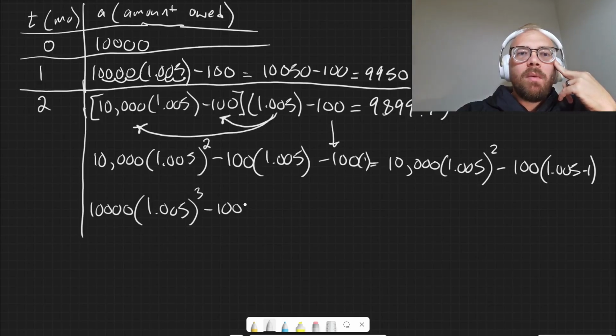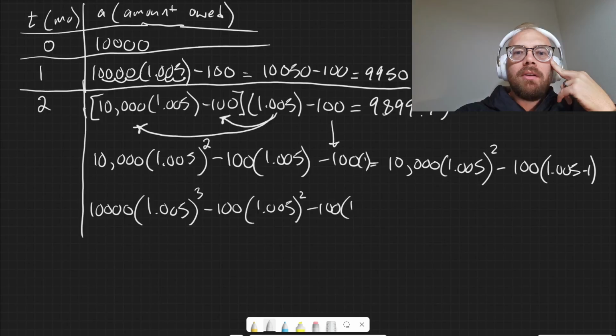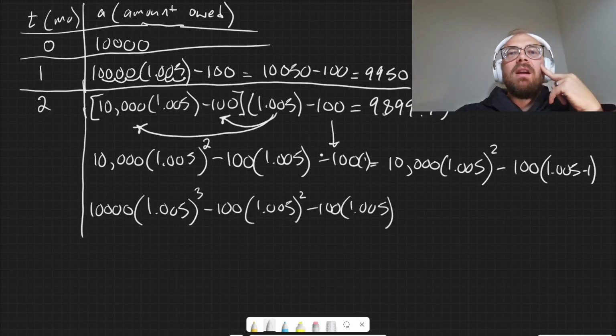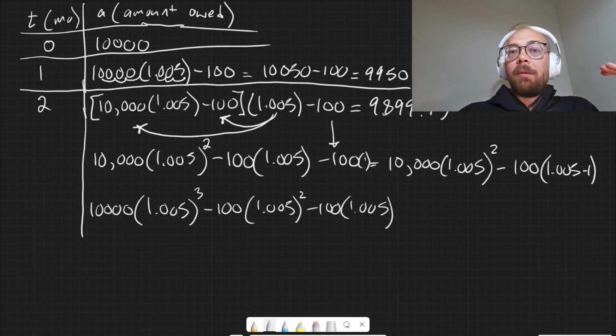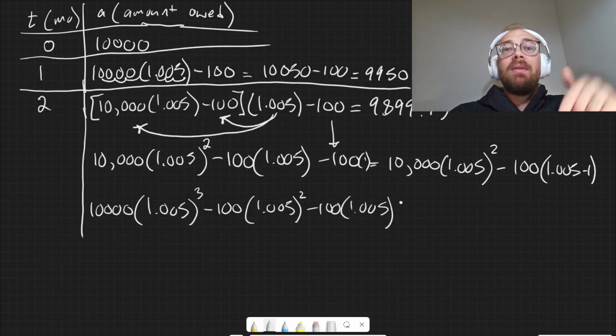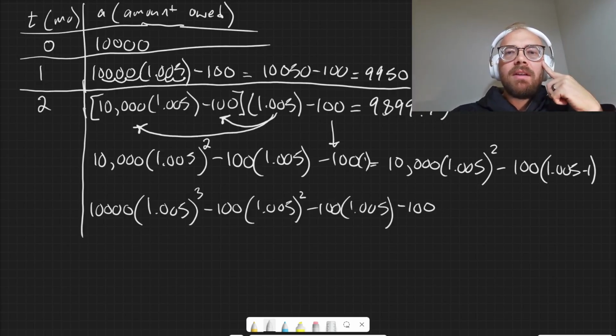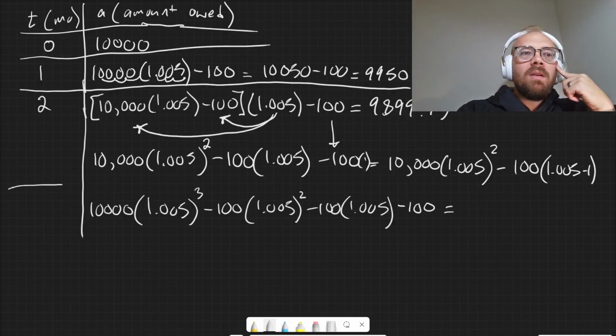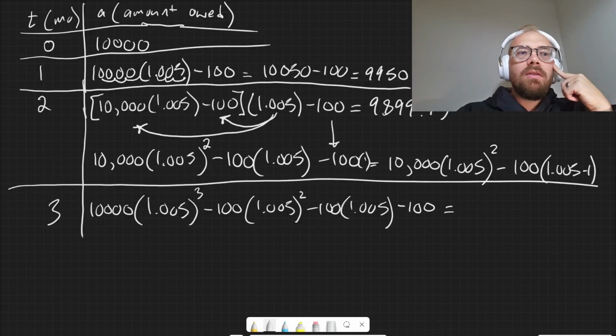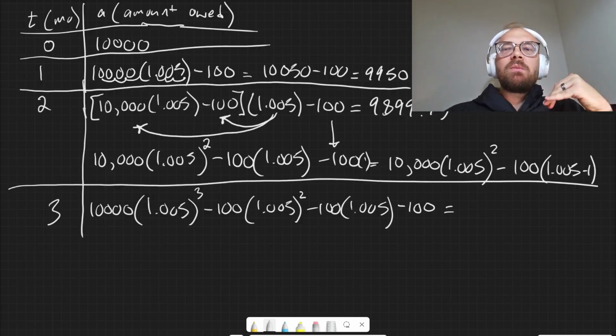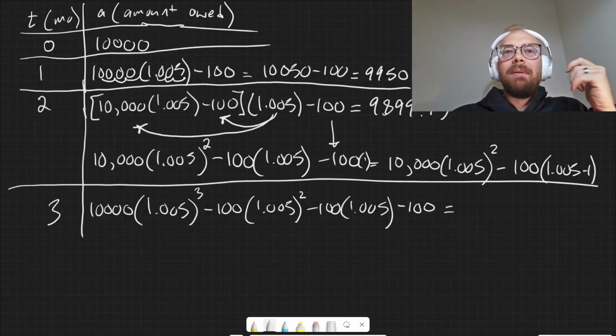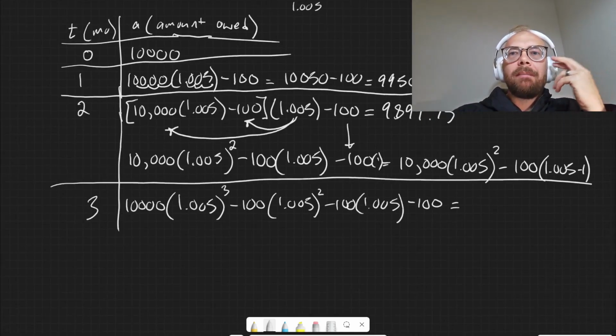So then that's going to be 100, 1.005 squared minus 100, 1.005 to the first power, because I'm multiplying that by 1.005. So everything got multiplied by 1.005. And then I'm going to subtract another 100 on top of that. So that's going to be when we get to 3. And I'm not going to calculate that because it's not useful. We need to know what happens after, what was it, 12 months, right? After a year. Let's go back here.